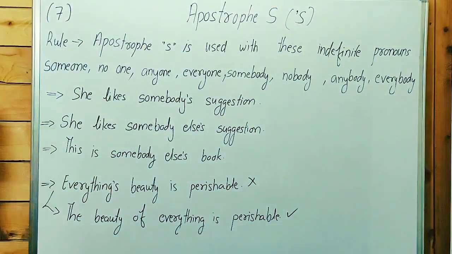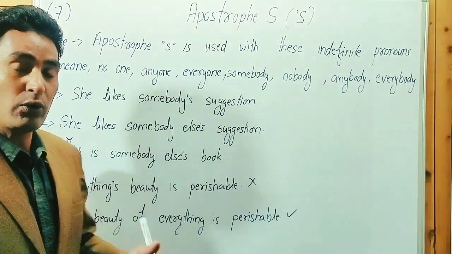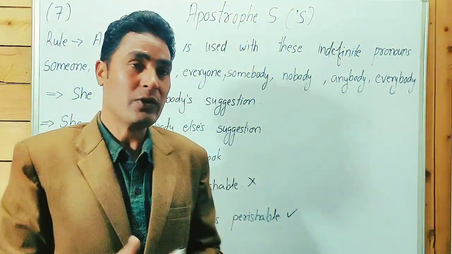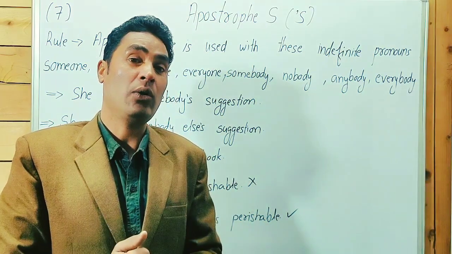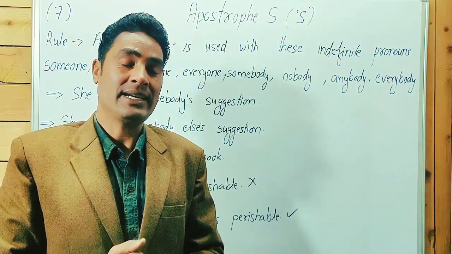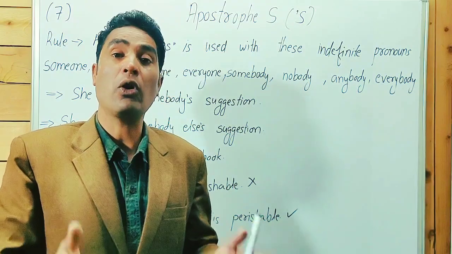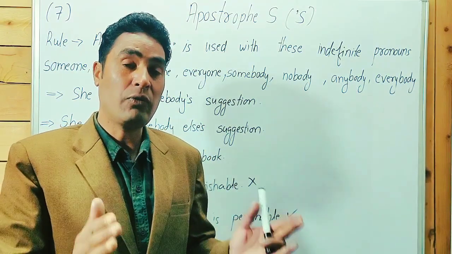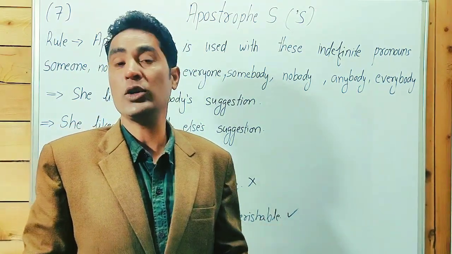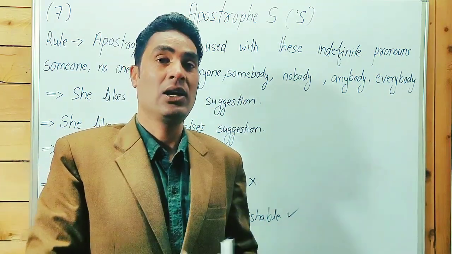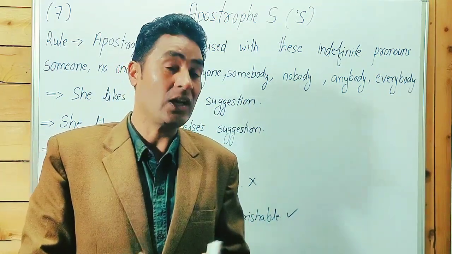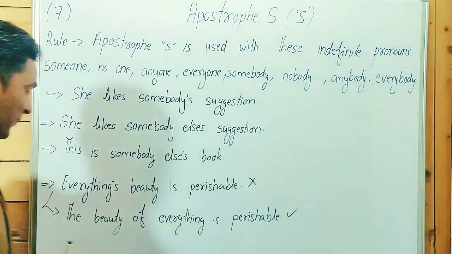It's a correct sentence. I repeat, there are four indefinite pronouns: something, everything, nothing, and anything. These are used for non-living things. For non-living things, we don't use apostrophe s, as we learned maybe in the second or third slide of this video.